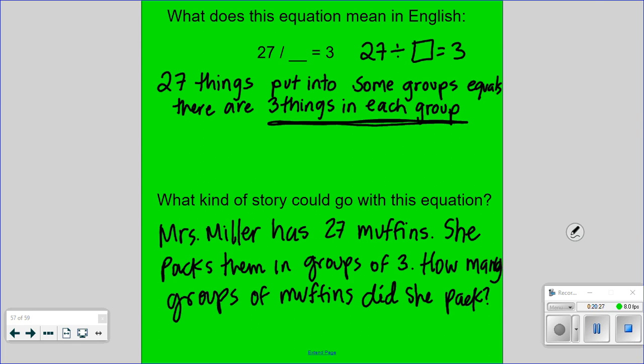I don't know my groups. I just know that there were some groups. So my question is helping me figure out the number of groups, the number of super cute reusable bags I need to pack all these muffins in.